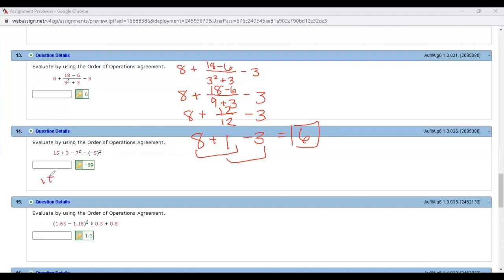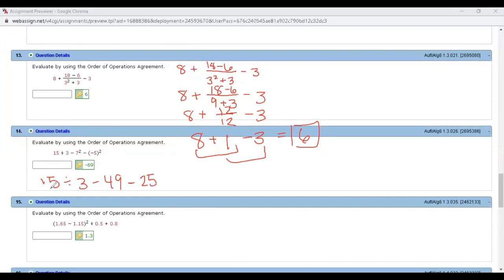Here, if we look at this problem, notice your exponent. So if we do our exponents, we will have 15 divided by 3 minus, here we got 7 squared, which is 49. Then we have minus, then we got negative 5 squared, which is positive 25.